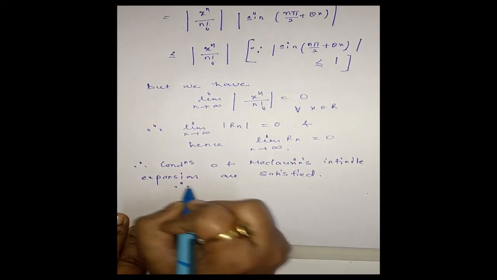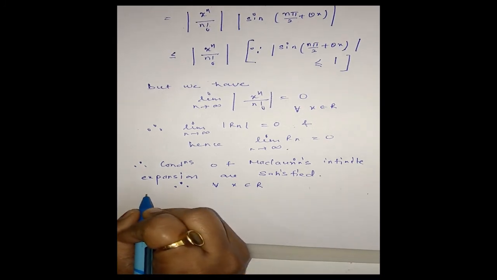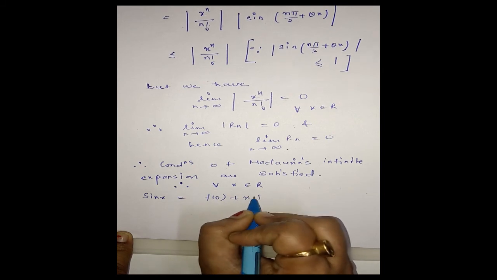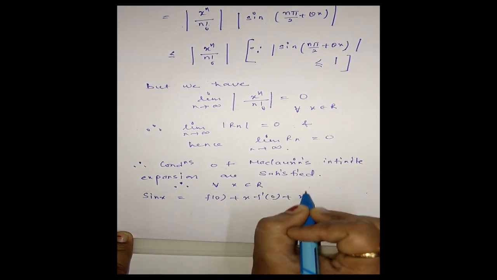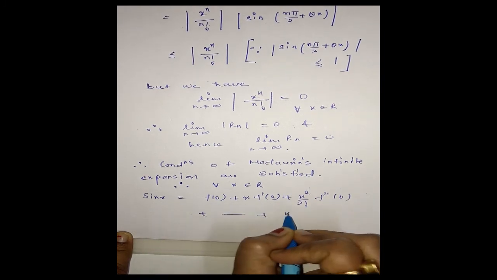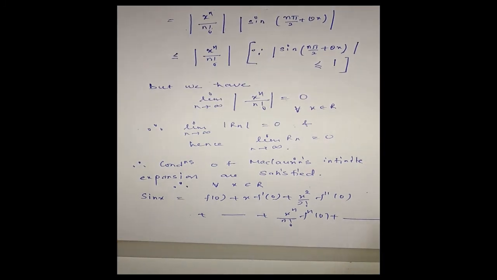Therefore, for every x belonging to R, we have sin x is equal to f(0) plus x f'(0) plus x squared by 2 factorial f''(0) plus x^n by n factorial f^n(0) and so on.